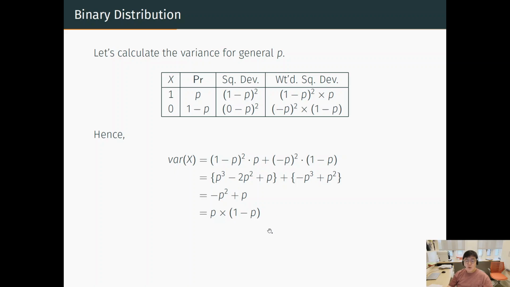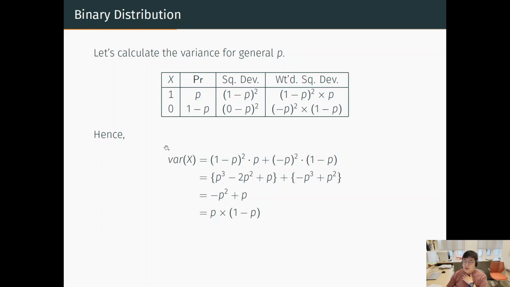Okay, so as you can see, the variance is expressed in terms of p. As I said earlier, one parameter p is enough to explain anything about this binary variable. So also the variance depends only on the unknown parameter p. So if you know p, then you can calculate the variance.